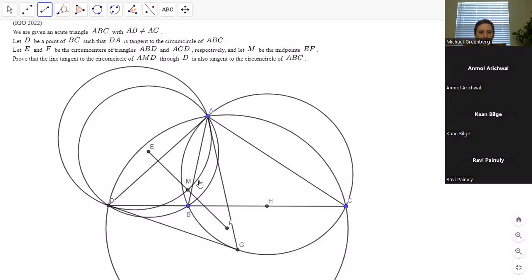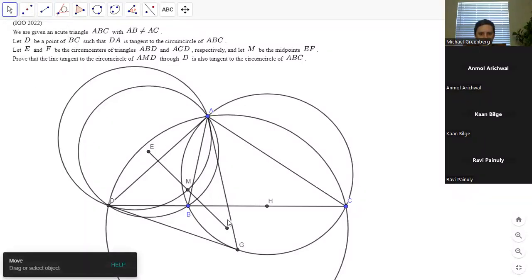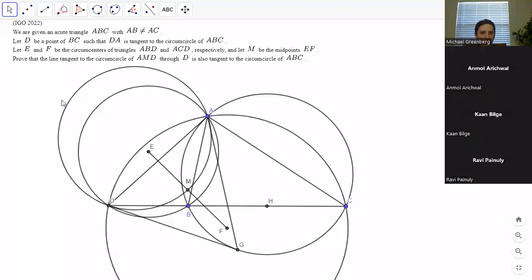Okay, so yeah, that's a symmedian. So it's probably best to, let's see, ABD.